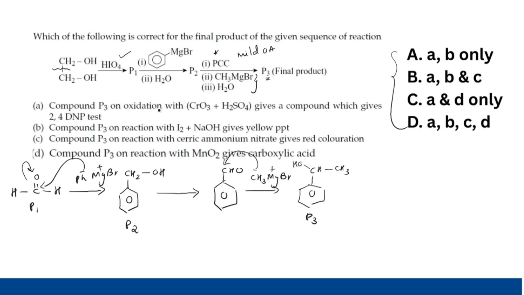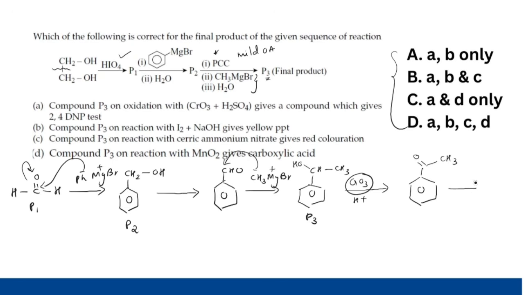Compound P3 on oxidation with chromium trioxide in acid gives a compound which gives 2,4-DNP test. That means what? When this P3 is treated with chromium trioxide in acidic condition, this will oxidize product 3 to a ketone because it is a secondary alcohol. No further oxidation. Will this give 2,4-DNP test?